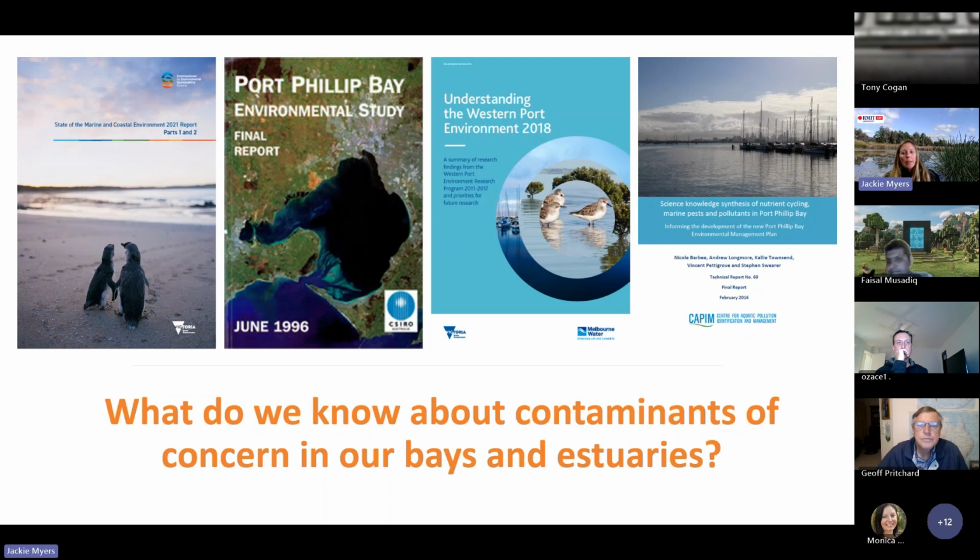The condition status around contaminants in the bay was considered fair, with data availability low in that 2021 State of the Bay reporting. So at present, there are a lot of knowledge gaps remaining regarding contaminants present in our bays.